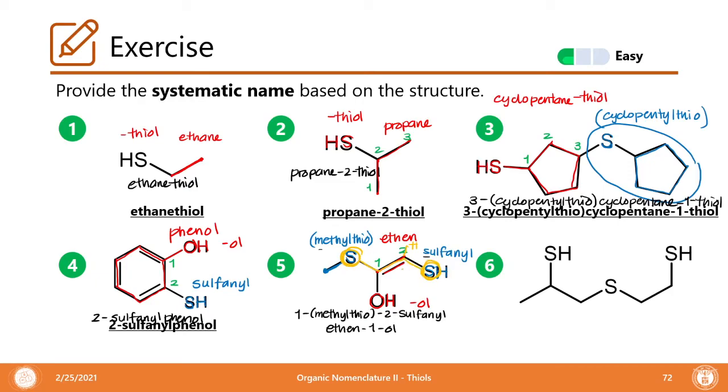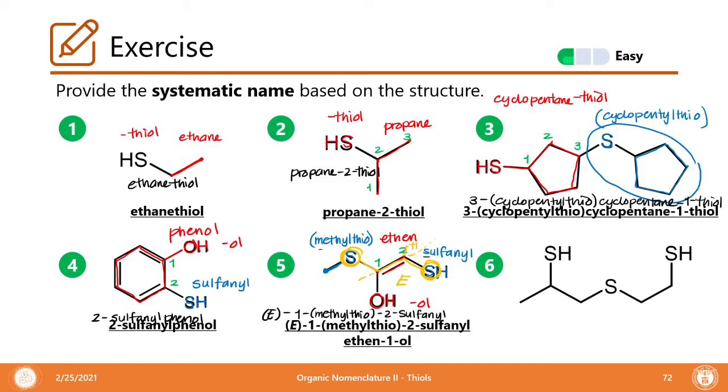Drawing them together and looking at this bond axis, you can see that they are on opposite sides, and so we have the letter E as our stereo descriptor. So again, confirming that, I'll just erase the one that I've written. E-1-methyl thio, 2-sulfanyl, ethane-1-ol.